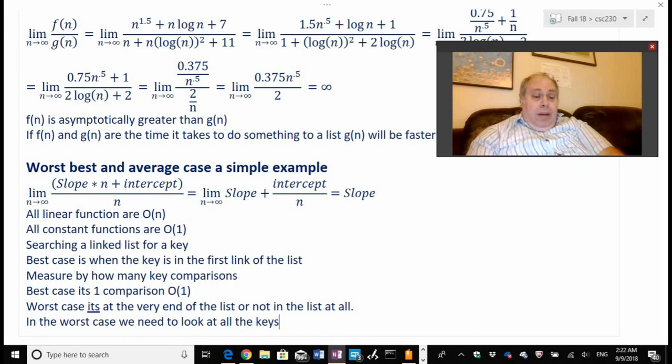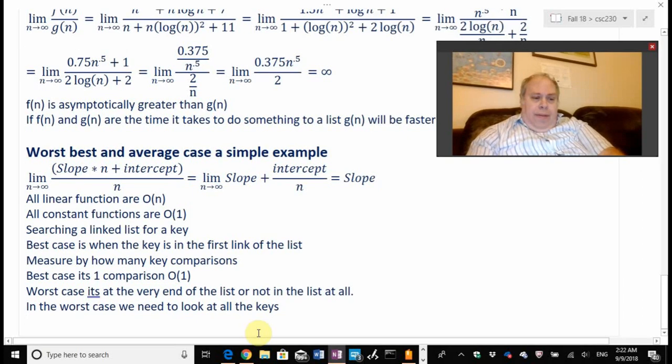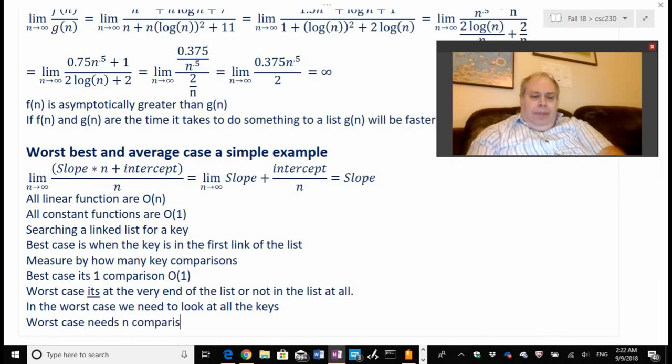It's the only way to do it. And so in that case, the worst case needs n comparisons, which makes it O of n, the size of the list.